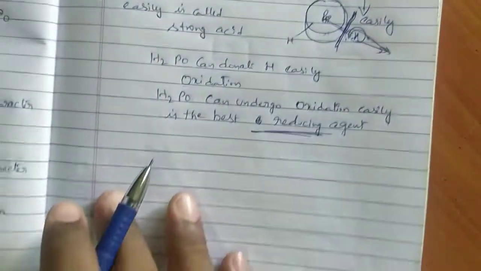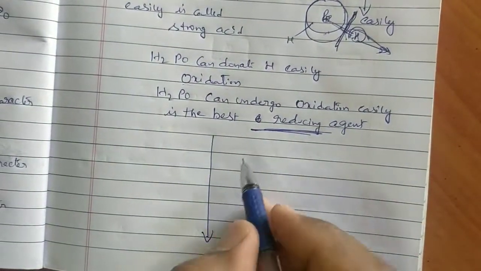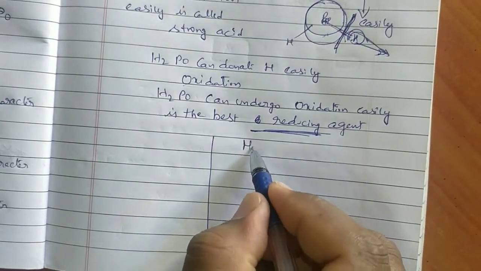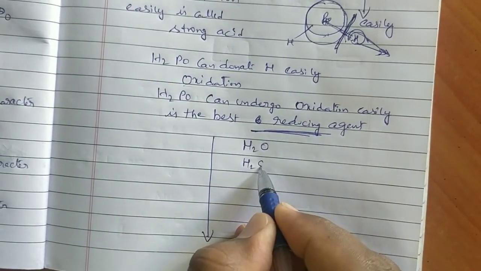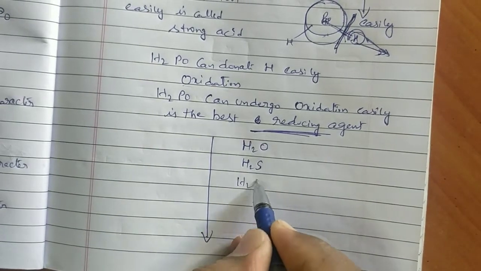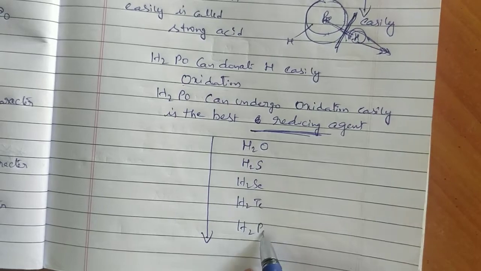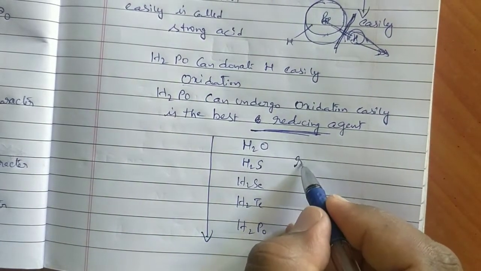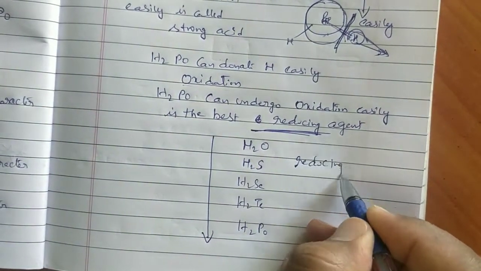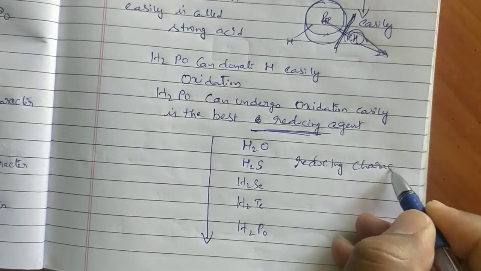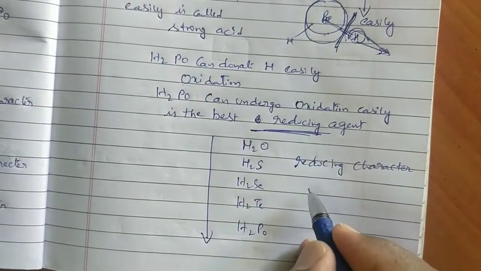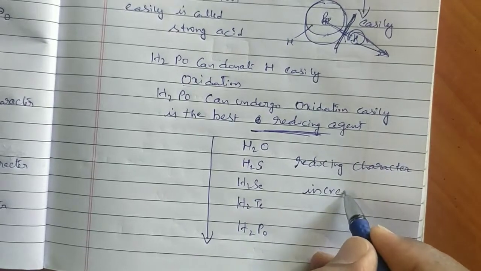So top to bottom, H2O, H2S, H2Se, H2Te, H2Po: what happens to reducing character? Reducing character is nothing but reducing agent only. Reducing character increases.